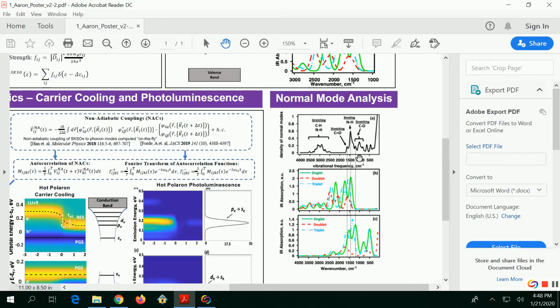Essentially, the carboxylates are in resonance with the triplet polaron, which from the table I showed before was the worst emitter compared to the singlet. So it's off resonance with the singlet, but in resonance with the triplet.